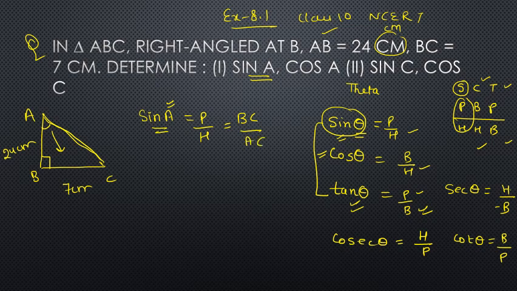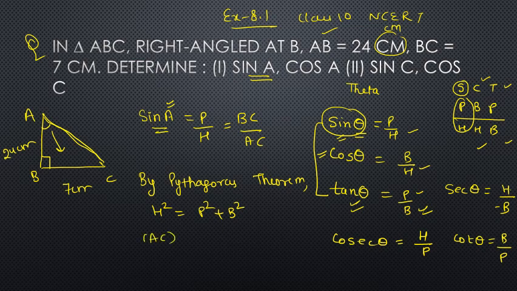But you don't know AC, so how will you find it? Apply the Pythagoras theorem, correct? According to the Pythagoras theorem, hypotenuse square is equal to perpendicular square plus base square, right? So what is hypotenuse? We don't know. What is perpendicular? 7, and 24 is the base.